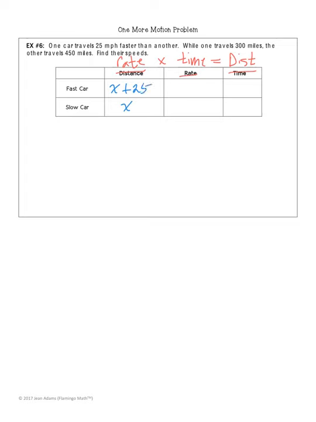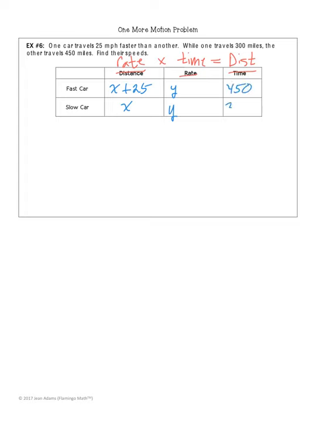So what do we know about their time? One travels 300 miles, the other travels 450 miles. We don't know anything about their time, but it's implied that they're going the same time. They just don't actually say it this time. So I'm going to go ahead and put y and y here. And then the fast car has to be traveling 450 miles because it's faster, so it's traveling a longer distance.